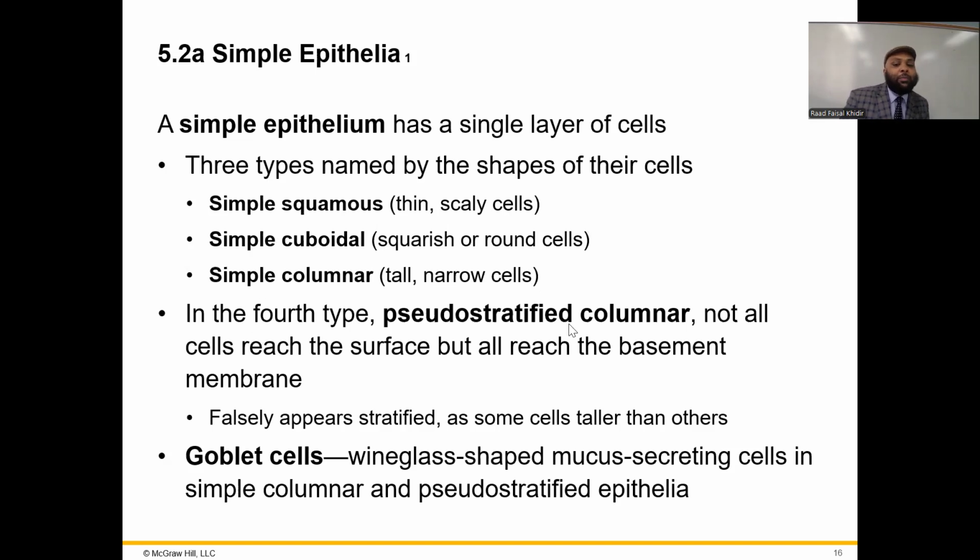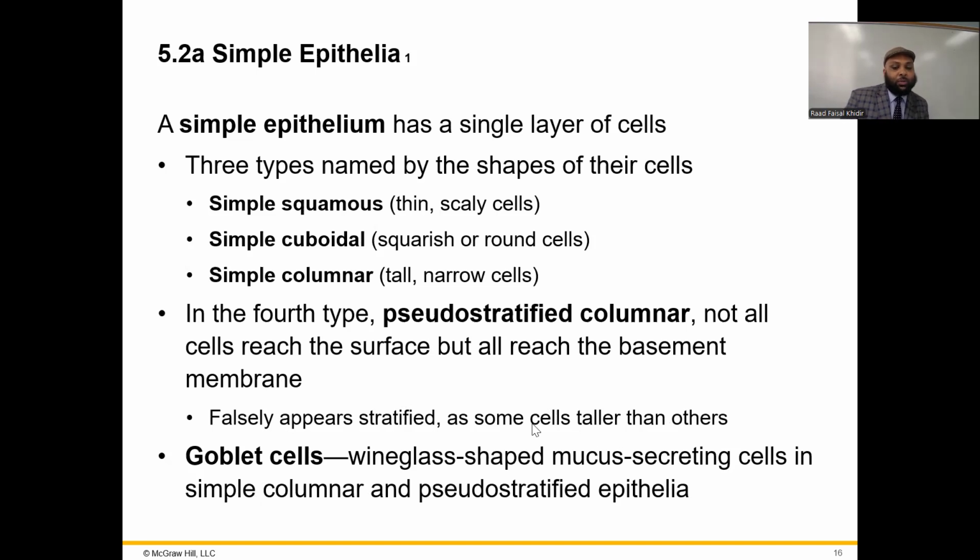In the 4th type, you have a pseudostratified columnar. Not all the cells reach the surface, but all reach the basement membrane. They falsely appear stratified, as some cells are taller than the others. So the goblet cells, this is very important. Goblet cells are wine glass shaped mucus secreting cells in the simple columnar and the pseudostratified epithelium.